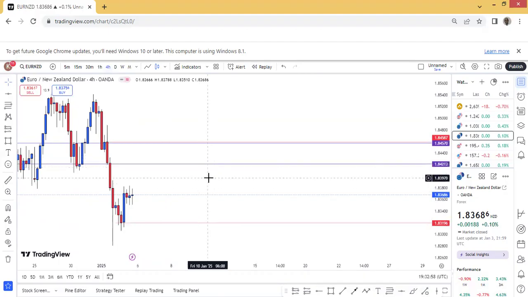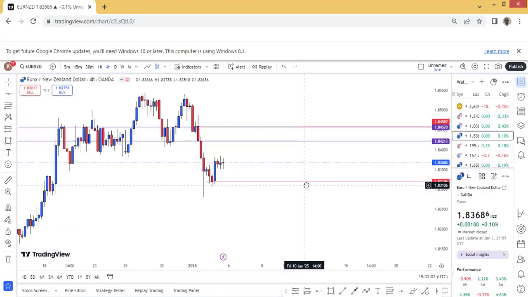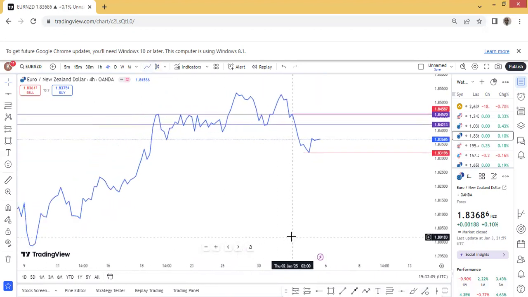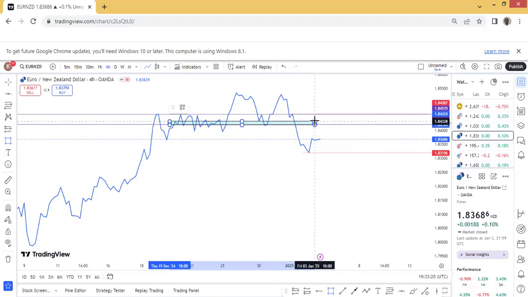Can we do something about it? No, it's perfect. So what we do, we draw a zone. This is the first zone.